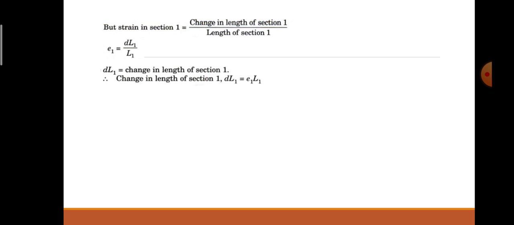Here I need the elongation, so dl1 is equal to e1 into L1.